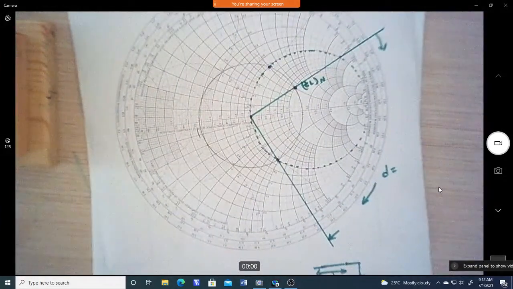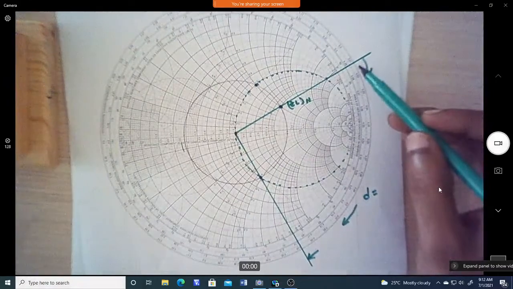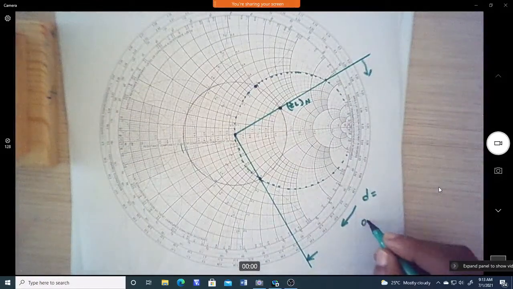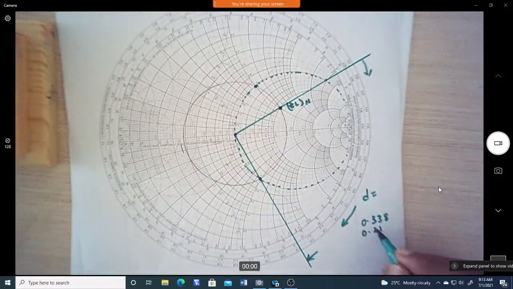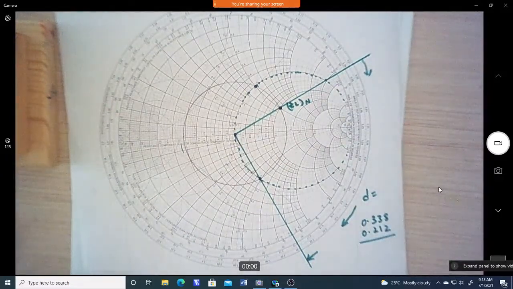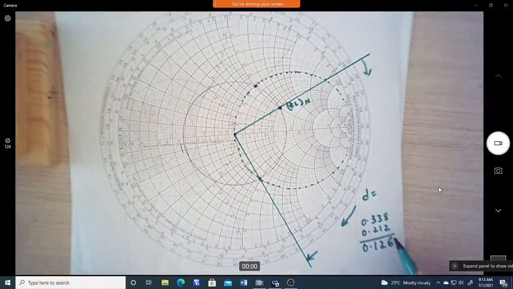Okay, the starting point is 0.212 and the ending point is 0.338. Now we have to subtract 0.212 from 0.338, so that you get the distance, which is 0.16 lambda.